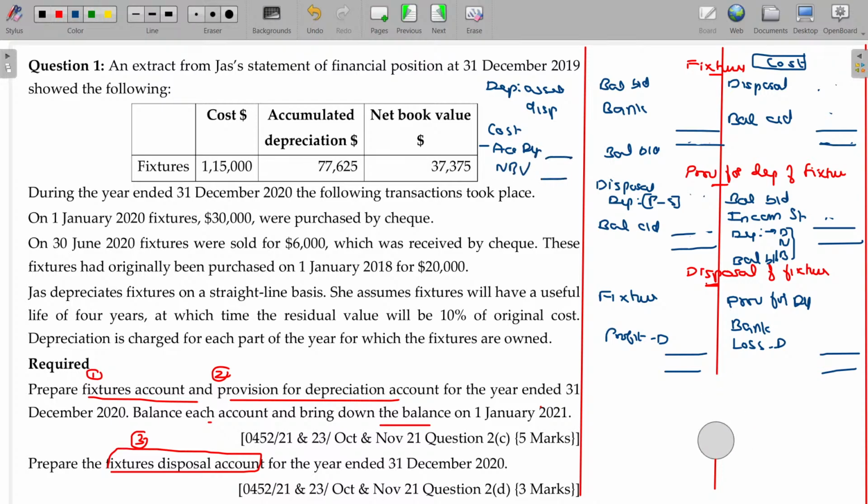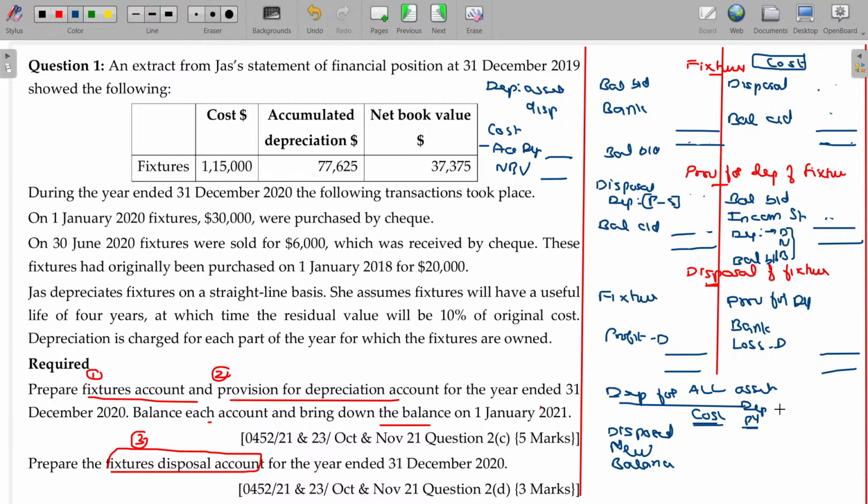One more step, to find out the depreciation for all the assets. All means the disposed asset, newly purchased asset, and balance existing asset, with its cost and depreciation up to the previous year.